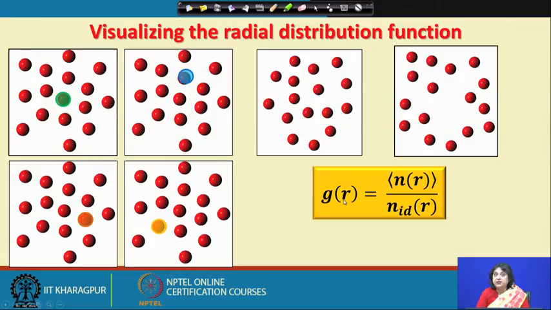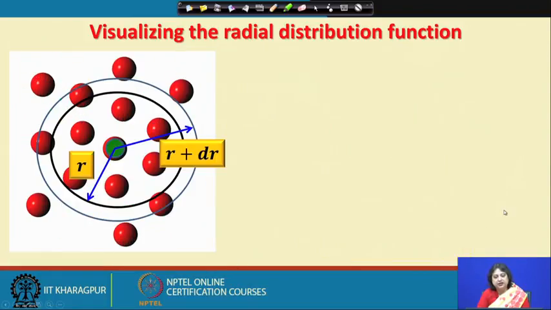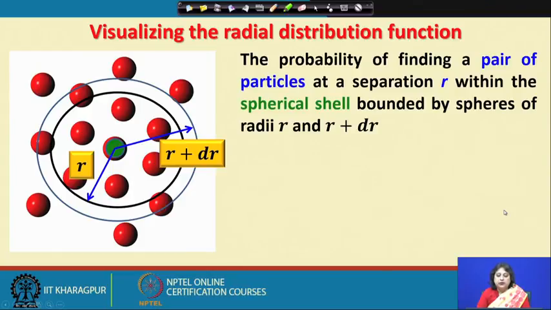Since G of r is a deviation from ideality, I would take a ratio of the average n(r) with n ideal(r), and n ideal(r) is nothing but the singlet probability distribution multiplied by the volume of the spherical shell. So, once we know the definition of G of r, what is the probability of finding a pair of particles at a separation r within this spherical shell bounded by these 2 spheres?